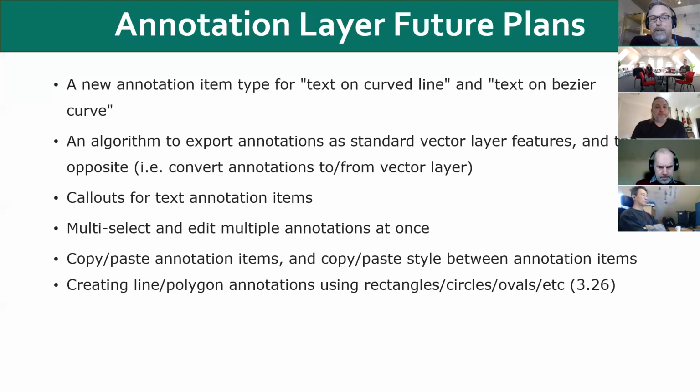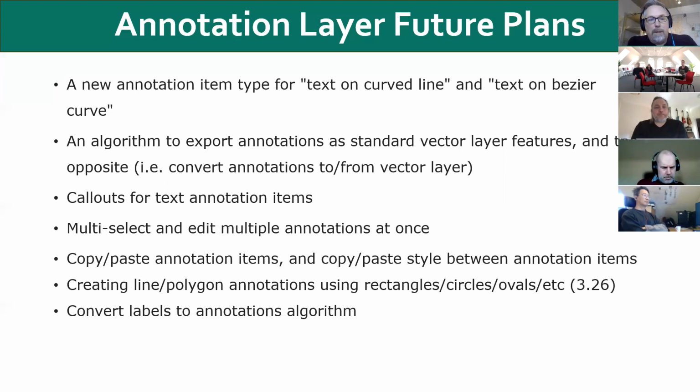Create line and polygon annotations using rectangles, circles, and ovals. And I guess this has already been funded and is going to be out in 3.26. So using standard shapes.